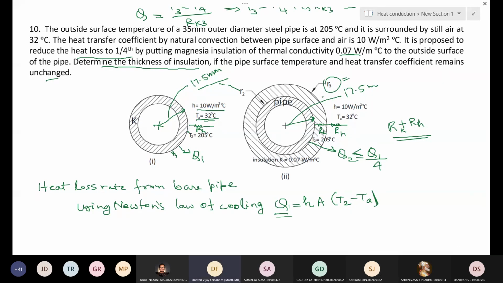You will have a transcendental equation. The equation consists of logarithmic terms, because the conduction resistance comes as ln R3 by R2. R2 is known, but R3 we don't know, so we have to iterate.